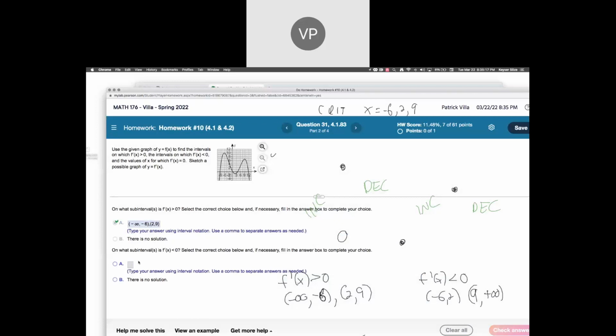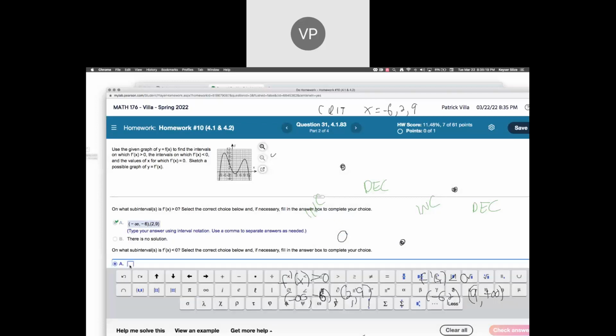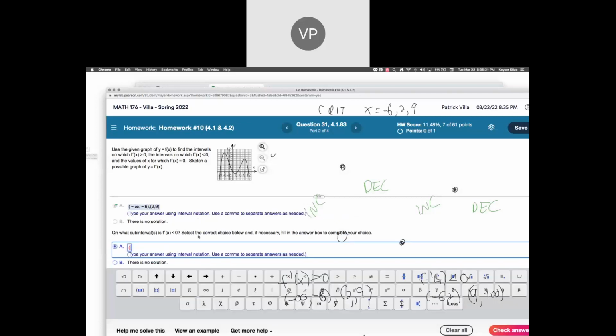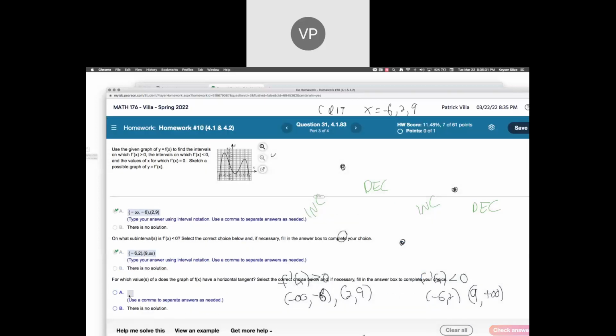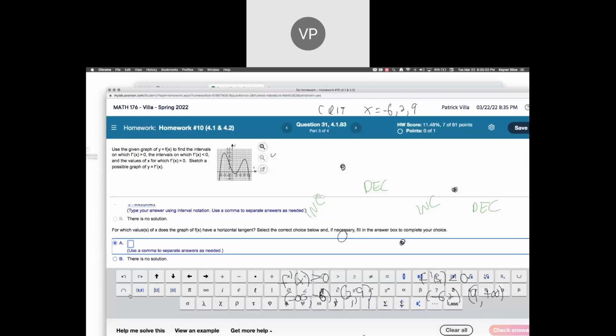Where is the derivative less than 0? Where is it decreasing? It's everywhere from -6 to 2 and from 9 to infinity. There's my decreasing. Where is it equal to 0? At -6 and 2 and 9.